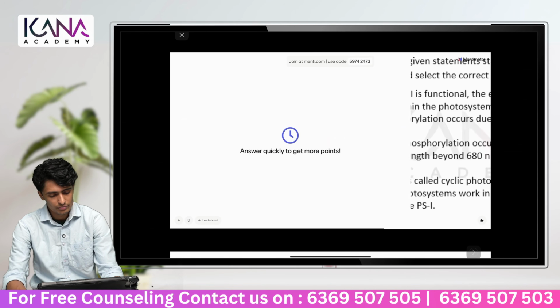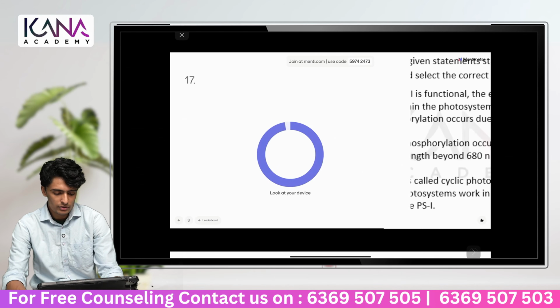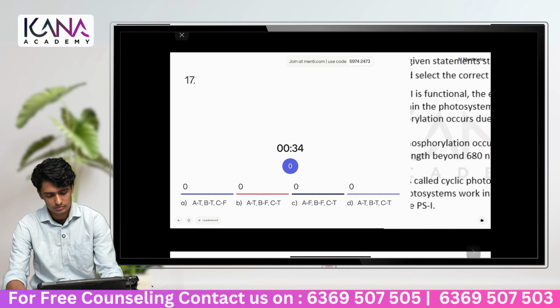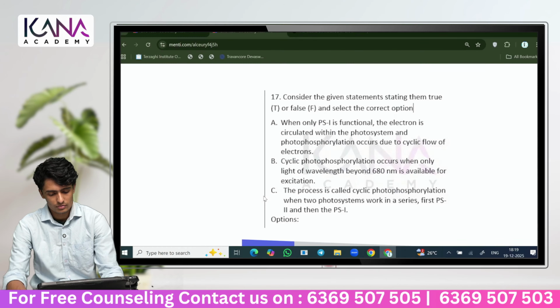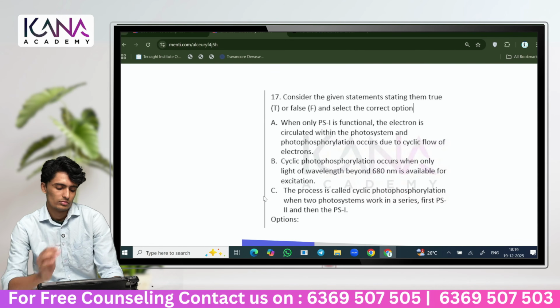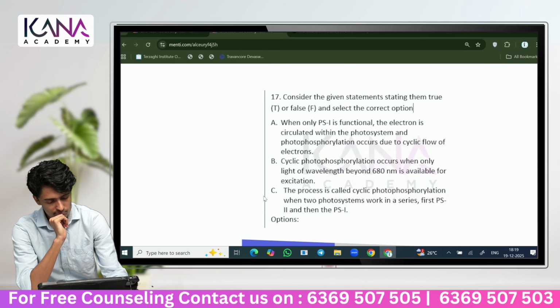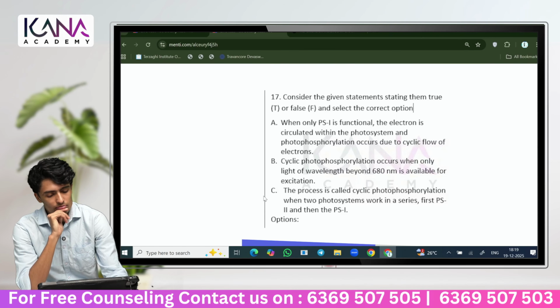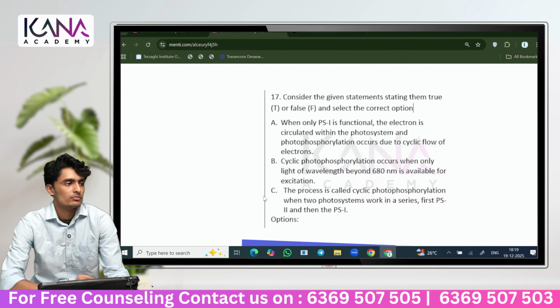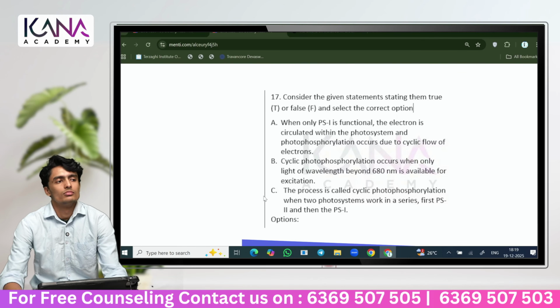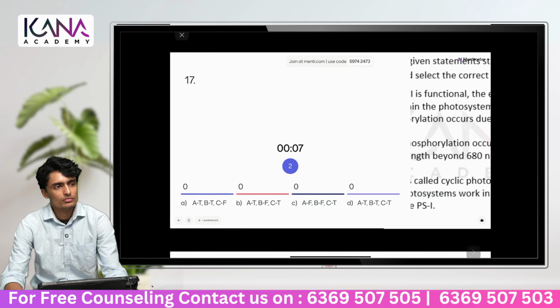Question 17. Consider the given statements, stating them true or false. 15 seconds. Answer overall.